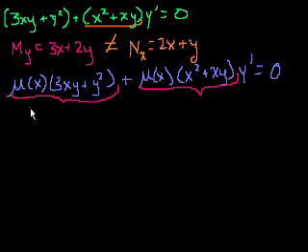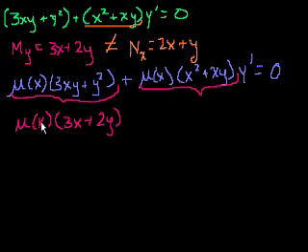When you take a partial with respect to y, a function of x can be viewed just as a constant. So the partial of this with respect to y is going to be equal to mu of x times 3x plus 2y. That's the partial of this with respect to y.